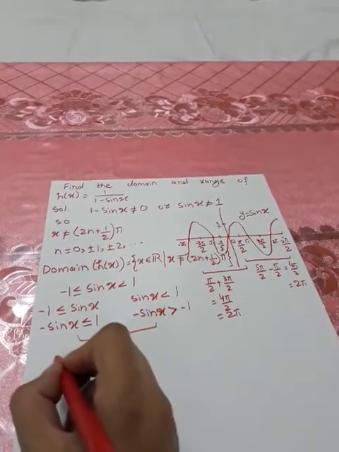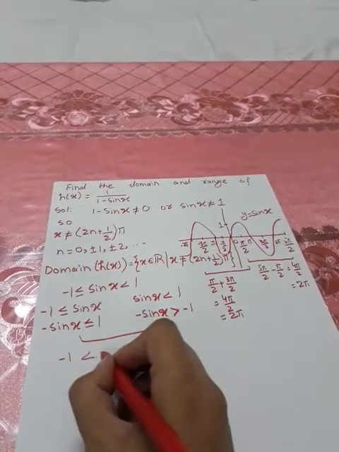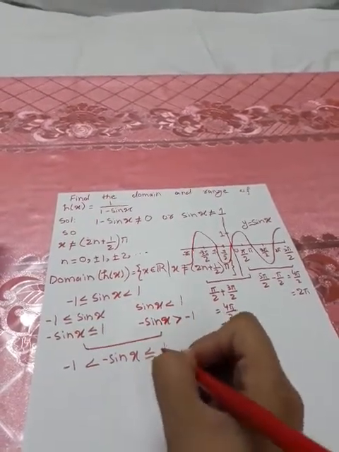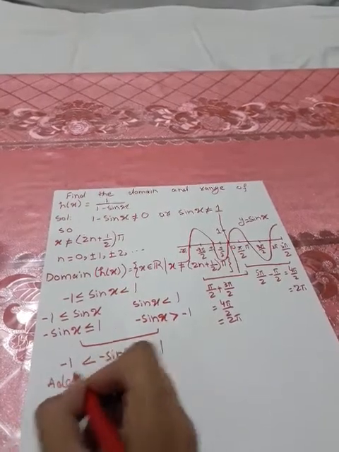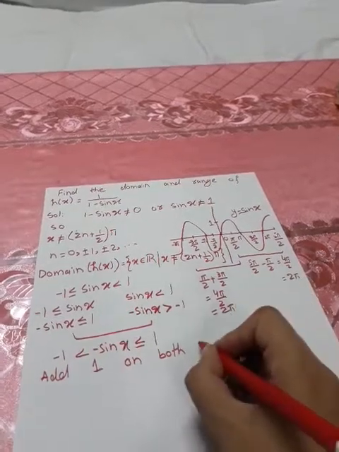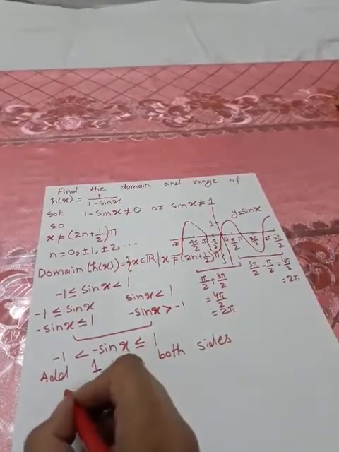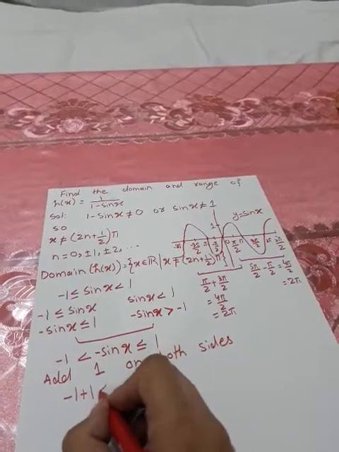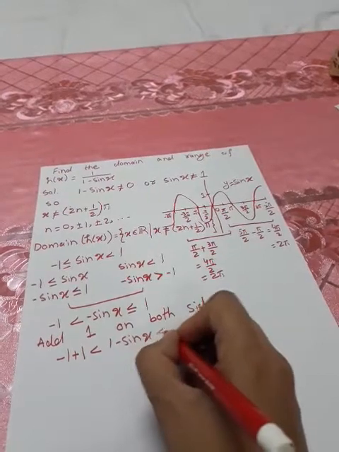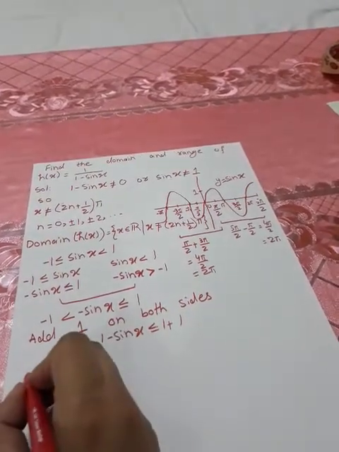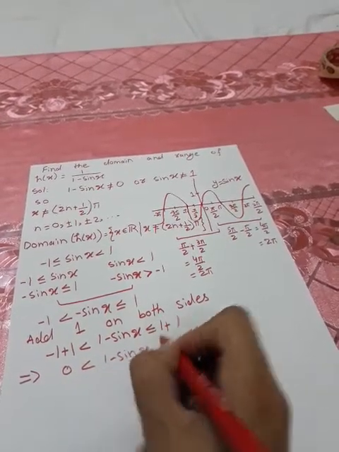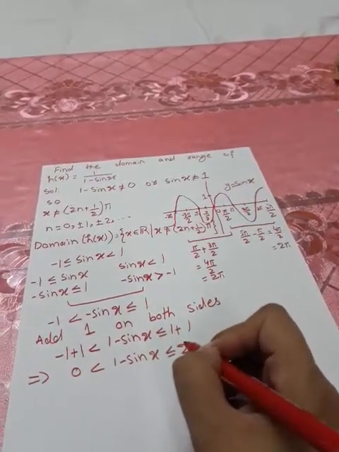Combine these two. I have minus 1 is less than minus sin x, and minus sin x is less than or equal to 1. Now add 1 on both sides. I have minus 1 plus 1 is less than 1 minus sin x is less than or equal to 1 plus 1. This implies 0 is less than 1 minus sin x is less than or equal to 2.